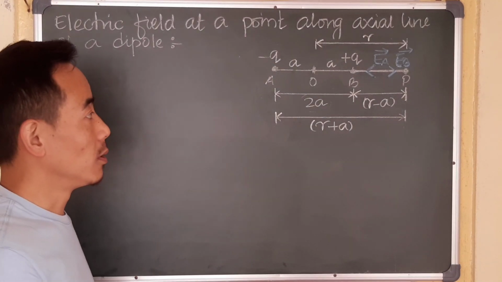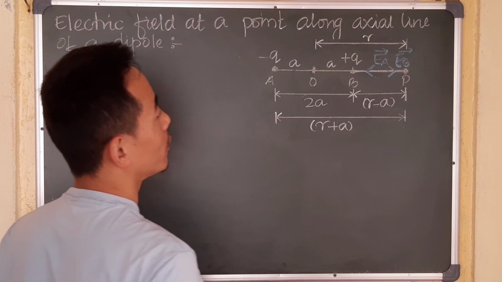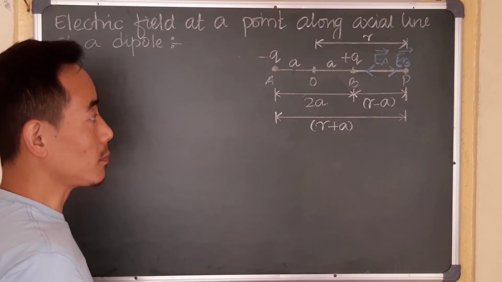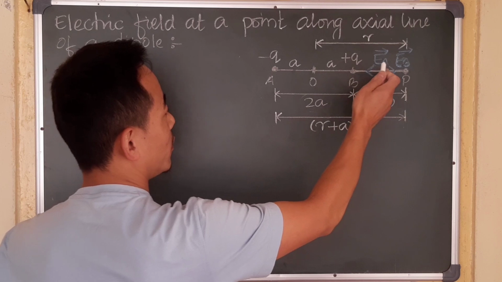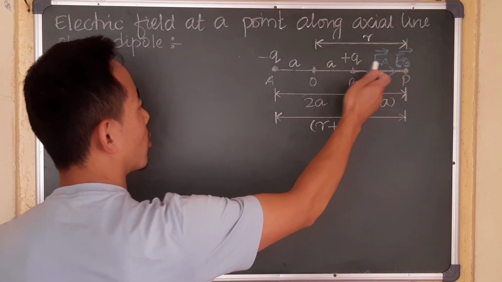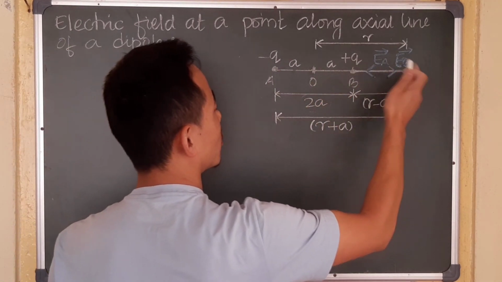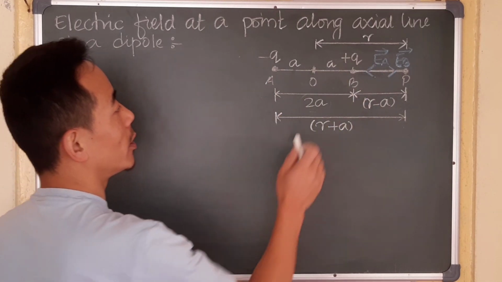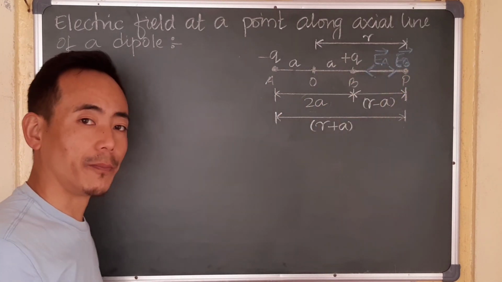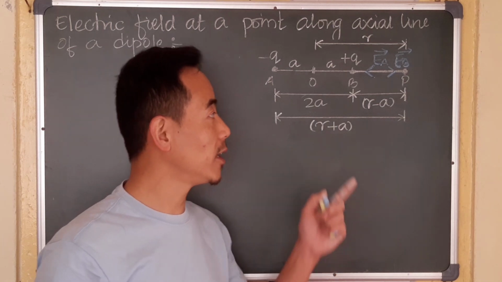Now if you look at the direction of EA and EB, first of all, EA is along PA and EB is along BP. That means they are in the opposite direction. In order to find the total field at P, we have to know which value is greater.